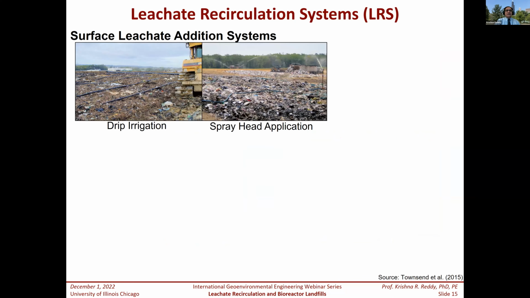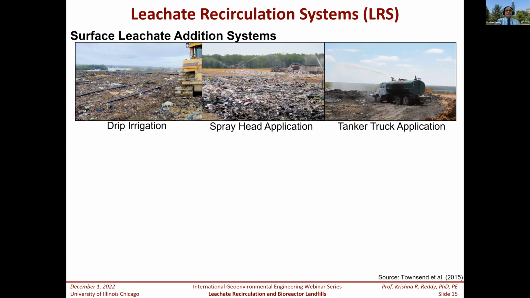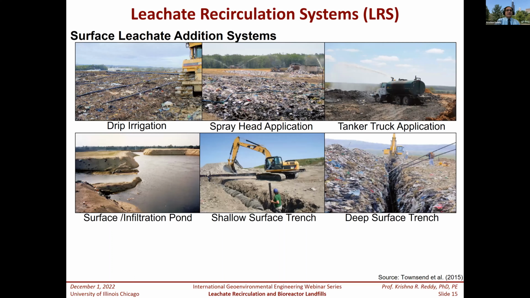There are several surface leachate addition systems. You can use drip irrigation. Basically, as you are placing the waste, you can have a drip irrigation system to distribute the leachate onto the waste. Spray head application is also commonly done.